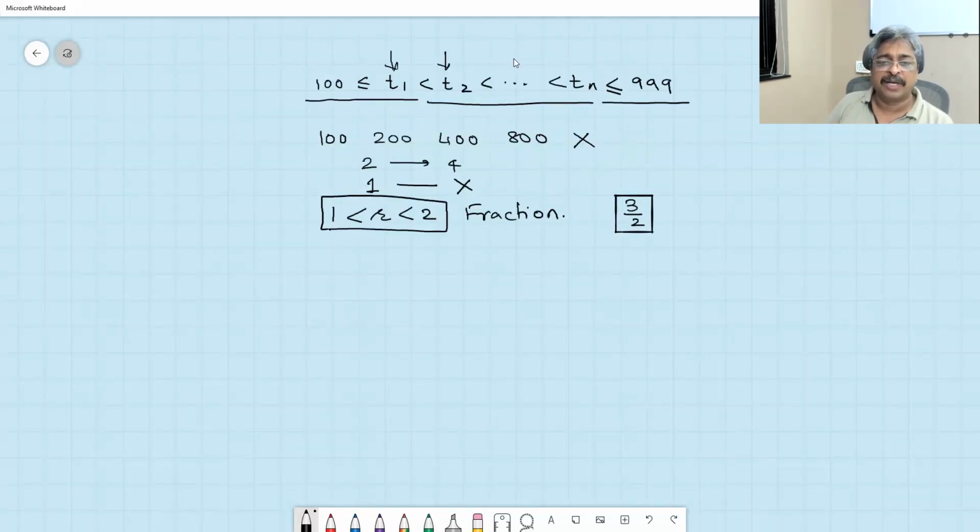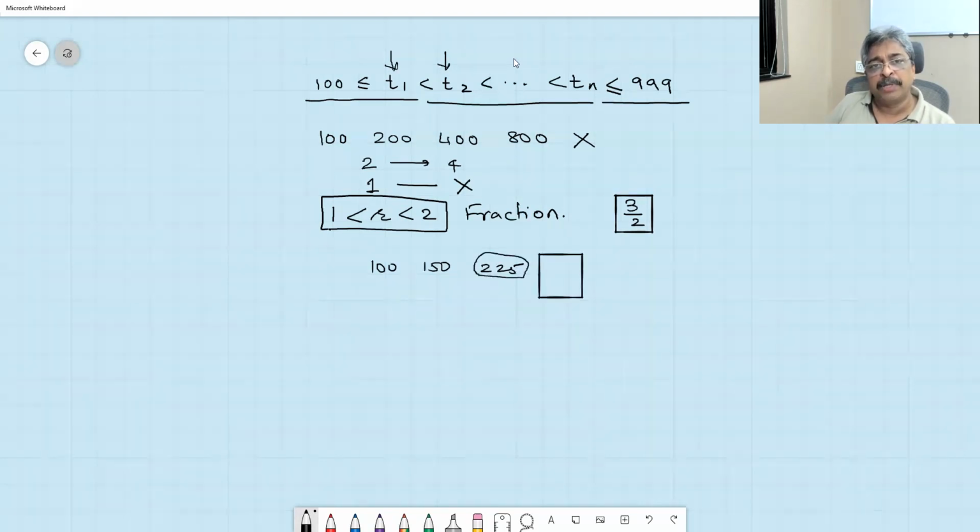Suppose we start with 100, then the denominator 2 needs to be absorbed. So the next number will be 150. Then I multiply by 3 by 2, 75 into 3, 225. Correct? Then next I multiply by 3 by 2, but I don't have a 2 available in 225. Therefore, it will be a rational number, P by Q type, which is not acceptable.